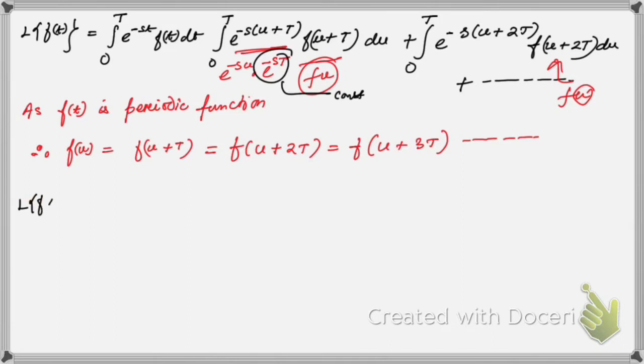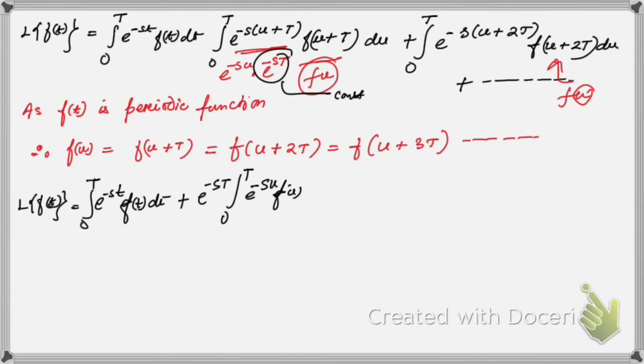So our result becomes this way: integral from 0 to capital T of e to the power minus s t f of t dt, plus e to the power minus s T, taken outside of the integral, again integral from 0 to capital T of e to the power minus s u f of u du, and plus e to the power minus 2 s capital T, and then the integral from 0 to T of e to the power minus s u f of u du, and so on, right?